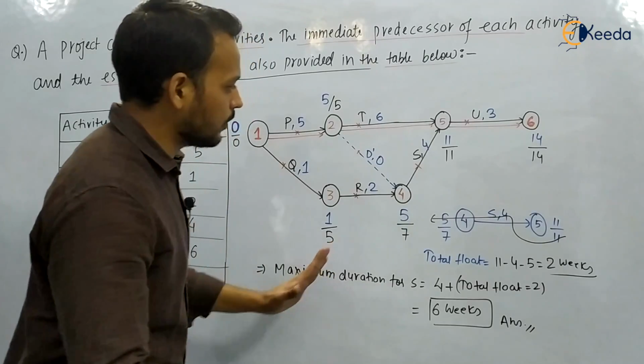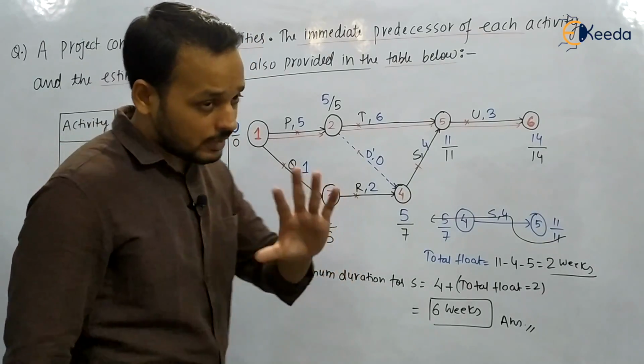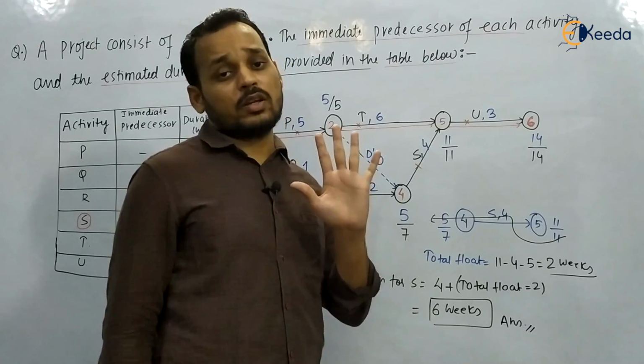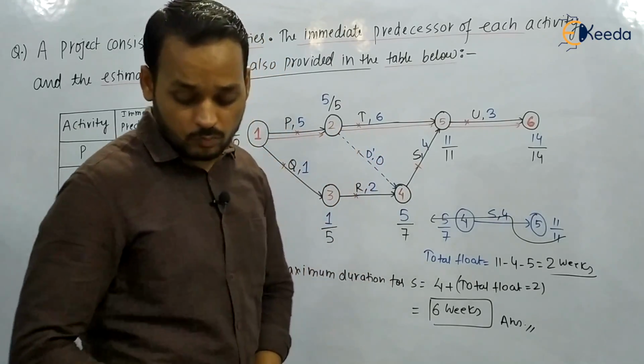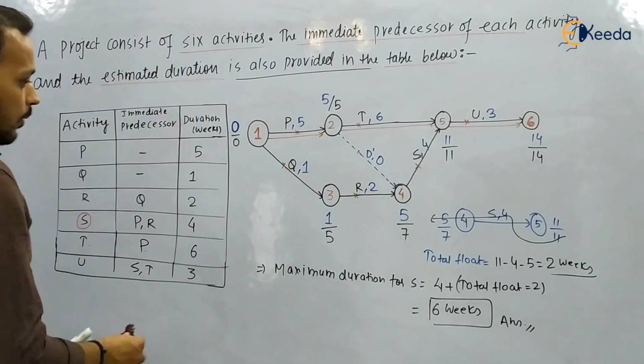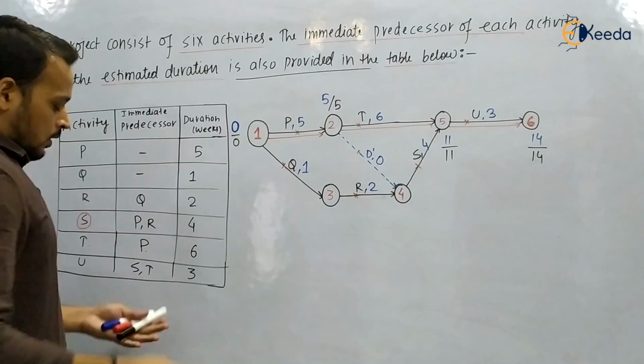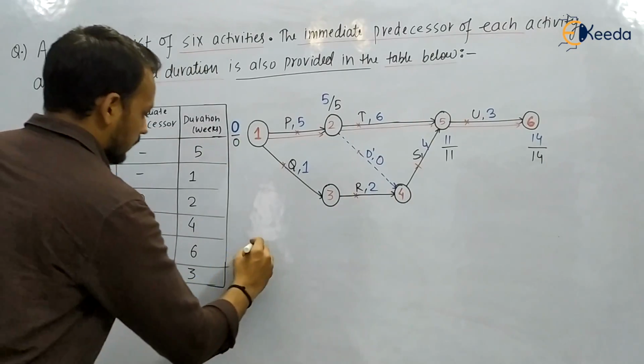Some of the students will find the answer, but they draw the wrong network diagram. How? I'm going to draw it. Some of the students draw it like this.